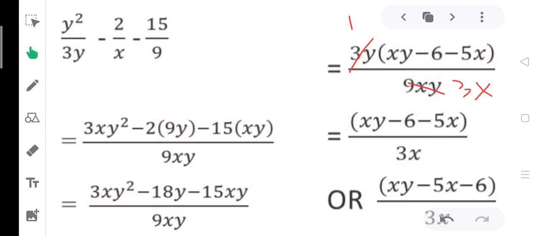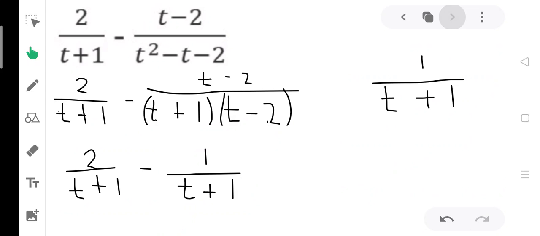Okay. So, what remains are xy minus 6 minus 5x. So, that's times 1. That is equal to xy minus 6 minus 5x. So, we have this one. And then, for the denominator is 3x. And then, xy minus 6 minus 5x could be rewritten as this one. So, the one with variable first, we have xy minus 5x minus 6 all over 3x.